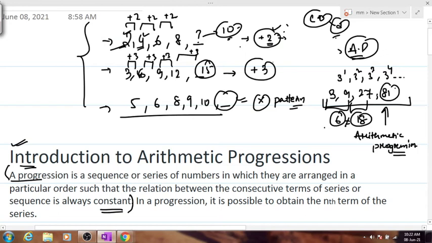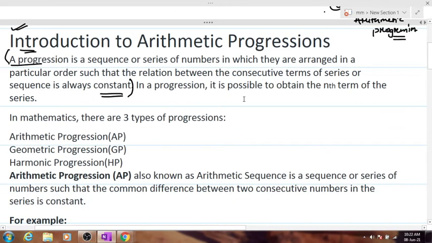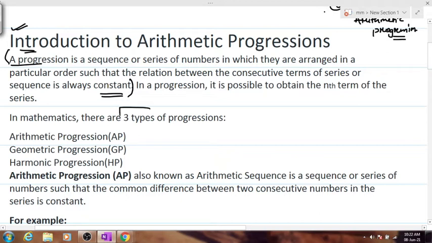How many are done with the copying? Yes, sir. Done. If you're done with the copying, copy the three types of progression that will come across in the entire mathematics session. First is the arithmetic progression, next is the geometric progression, often called GP, and HP is the harmonic progression. Clear?